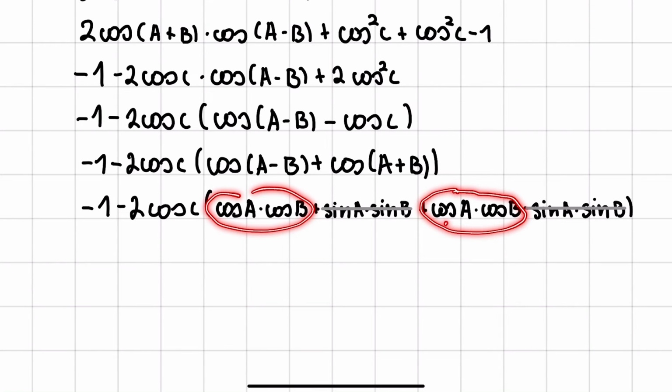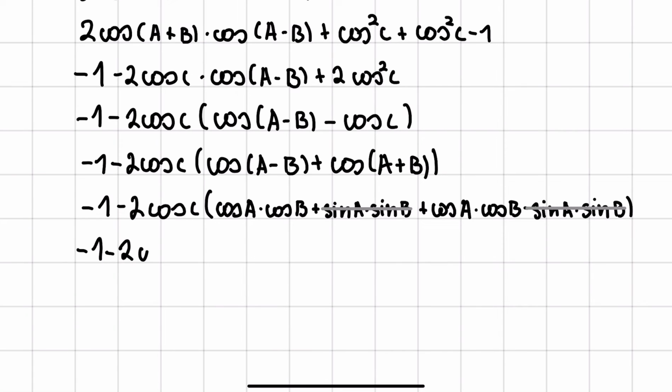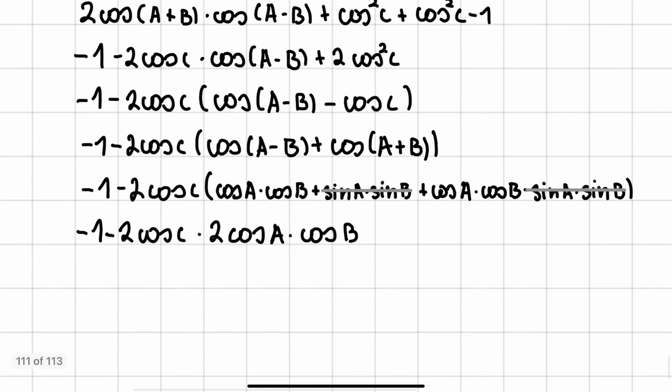And they're actually equal, but they're here 2 times. So I'm going to write it as 2 times cosine A times cosine B. Nice.